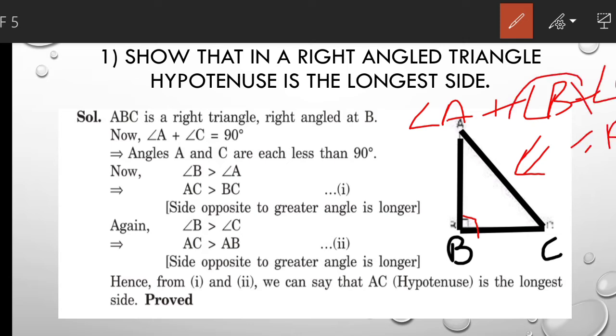So if B is 90 degrees, subtracting angle B, we will get angle A plus angle C is equal to 90.